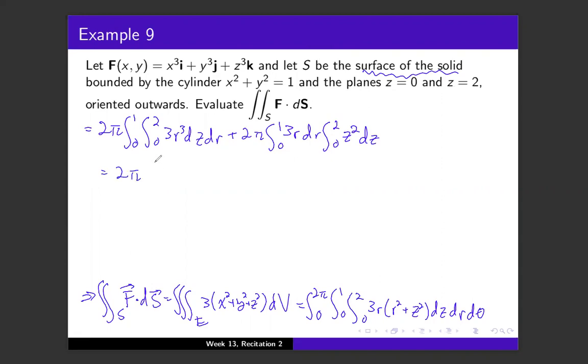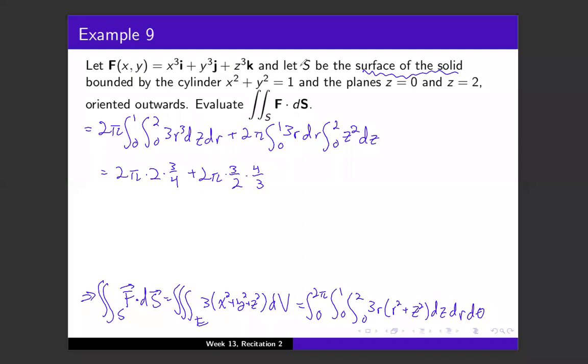This becomes 2 pi times 2 for the z, times 3/4 on the first bit, plus 2 pi times 3/2 on the second bit, times 4/3, which is what you get when you take, 4?